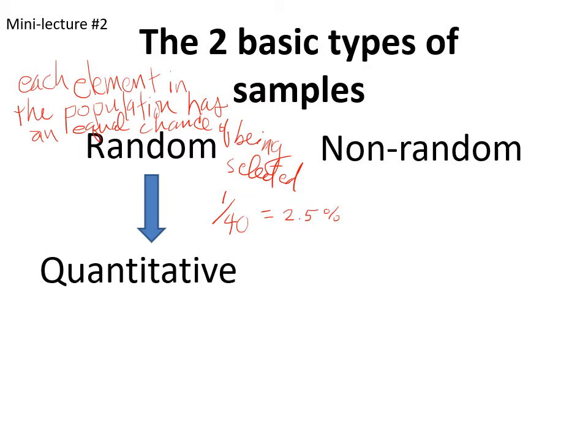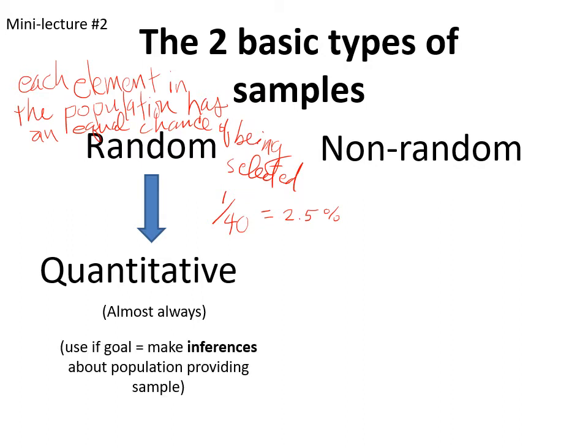So random samples are usually associated with quantitative research. Occasionally, qualitative research will use random samples, but that's really rare.